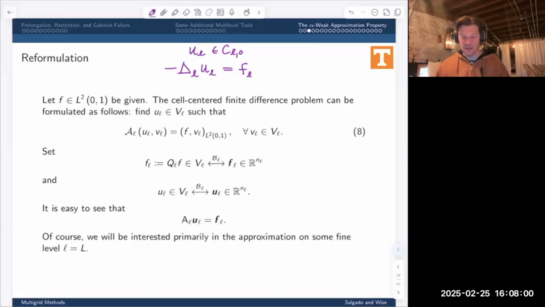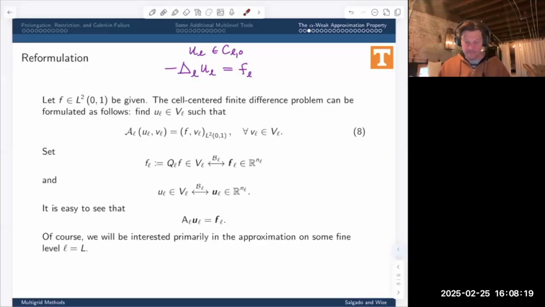So we're looking for UL, a grid function, which satisfies this equation, where this is our notation for the discrete Laplacian operator. In one space dimension, this is what we call the 3-point stencil.